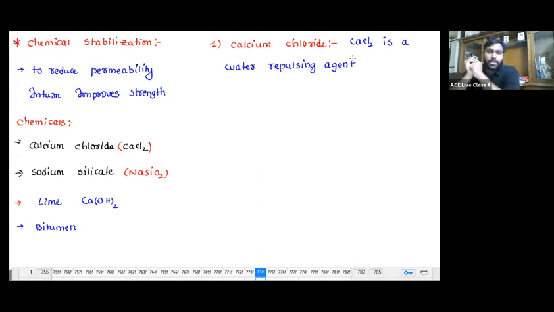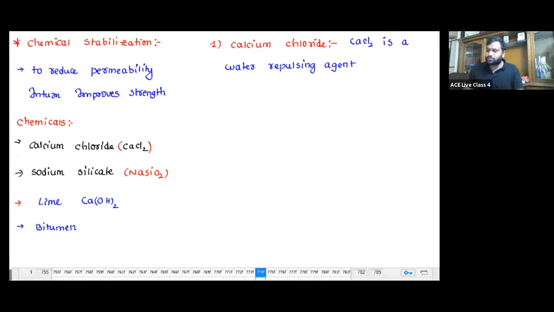When we add wet soil to calcium chloride, the calcium chloride immediately reacts with the water and removes the water from the soil. So CaCl2 is a water repulsing agent. When CaCl2 is added to wet soil, it reacts with water and forms C2H2, acetylene gas, and Ca(OH)2, which is nothing but lime, as a precipitate.